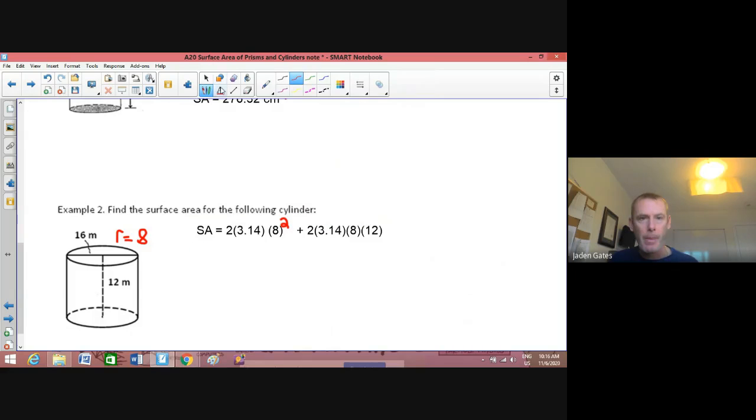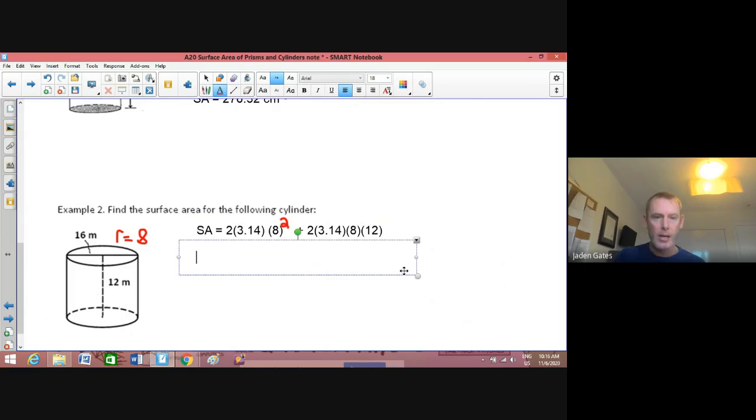Now it's all about BEDMAS. So I have to do the exponent just like I did last time. We had surface area is equal to 2 times 3.14 times 8 squared, 8 times 8, 64. I'm just going to rewrite this other part here: 2 times 3.14, there's our pi, times r, times the h.